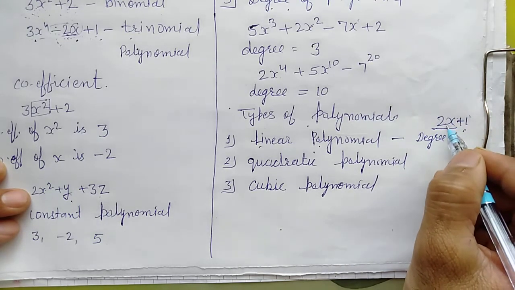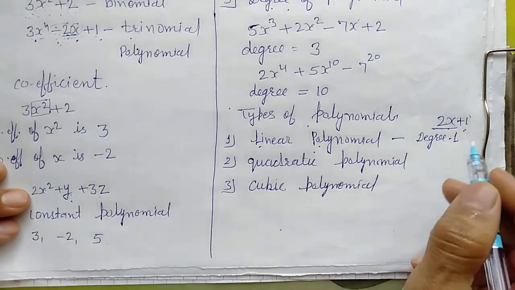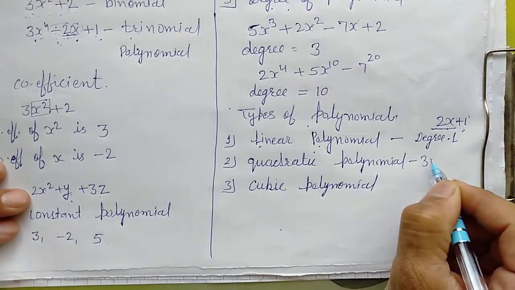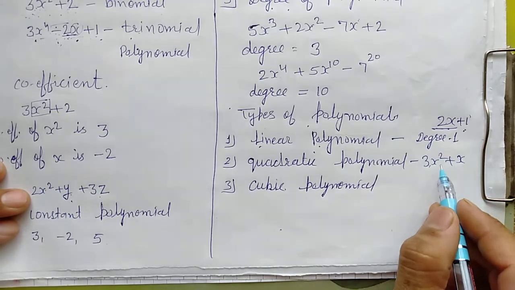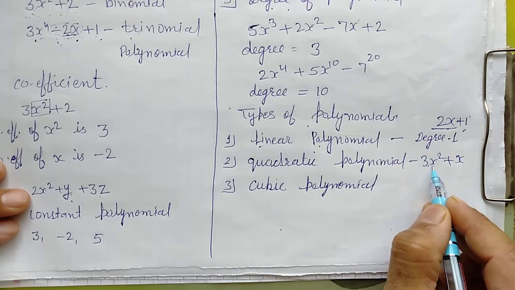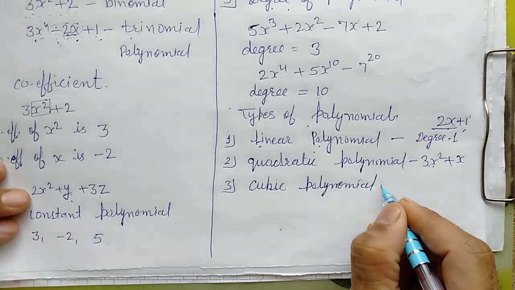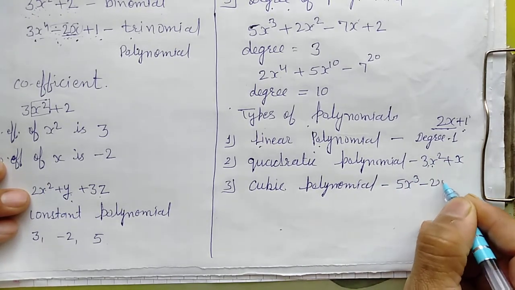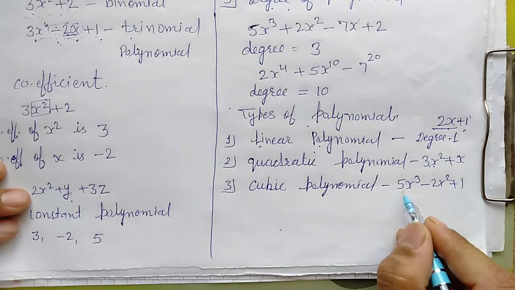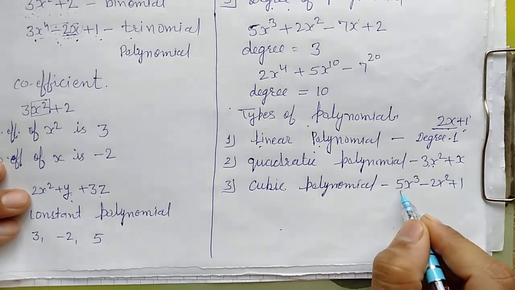This is a linear polynomial. If degree is 2, like 3x square plus x, that is a quadratic polynomial. If degree is 3, like 5x cube minus 2x square plus 1, this is called a cubic polynomial.